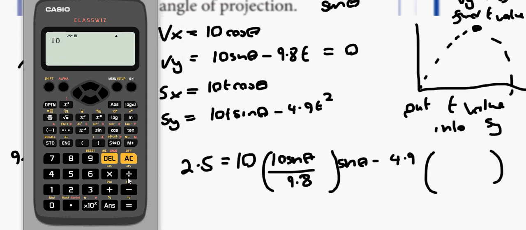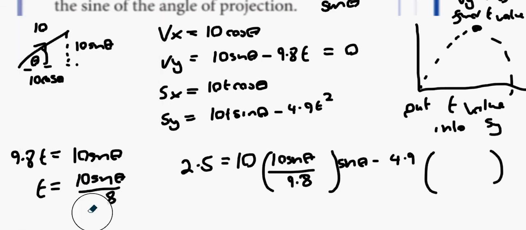10 divided by 9.8, 50 over 49. I'm just going to change it to 50 over 49. And sine theta over 9.8 is 50 sine theta over 49. I'm going to change them all to that.